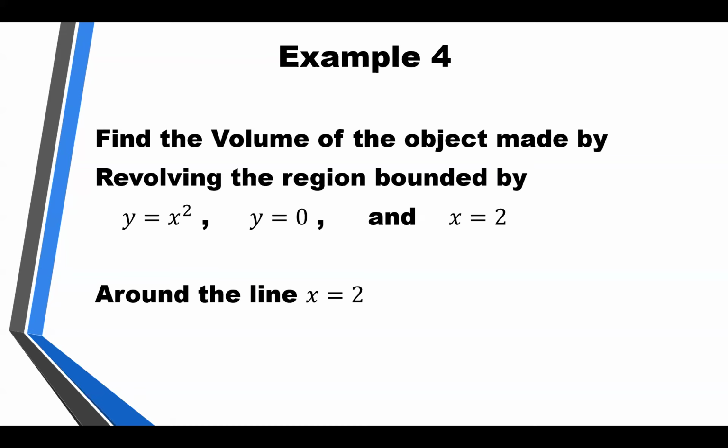Example 4 asks us to find this value of the region created with y equals x squared, y equals 0, and x equals 2, rotated around the line x equals 2. I'm going to draw that out in two-dimensional space. This is another one we've done before, but I'll draw it out in two-dimensional space.